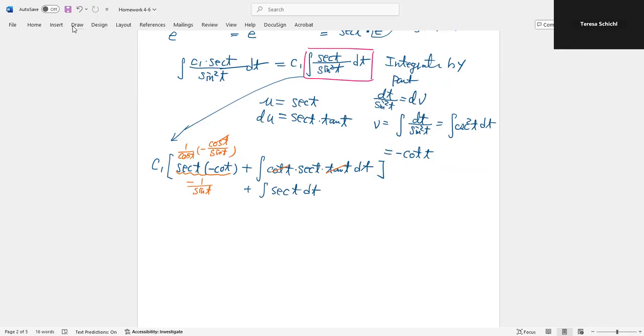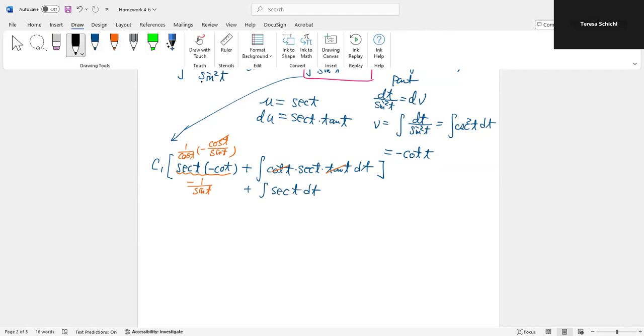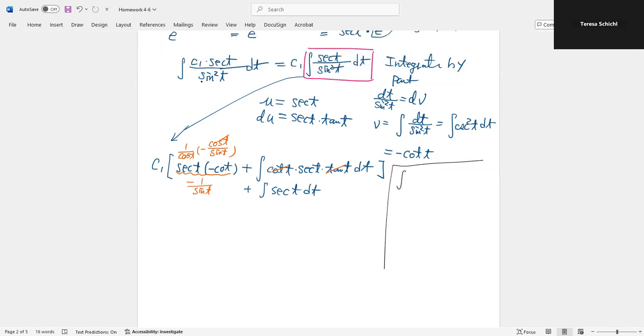Now I'm going to use a separate space. To integrate secant t dt, remember the trick we use: we multiply by secant t plus tangent t over secant t plus tangent t. So this will be secant t plus tangent t times, in the numerator, secant squared t plus secant t tangent t, dt.